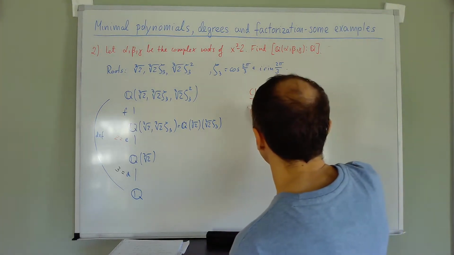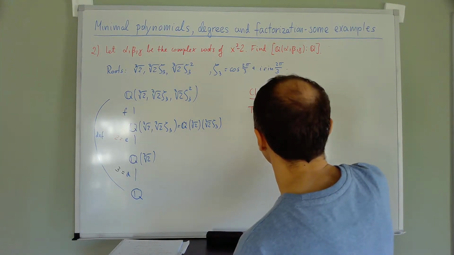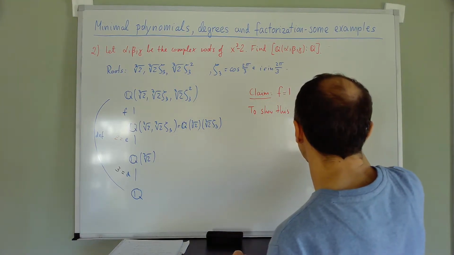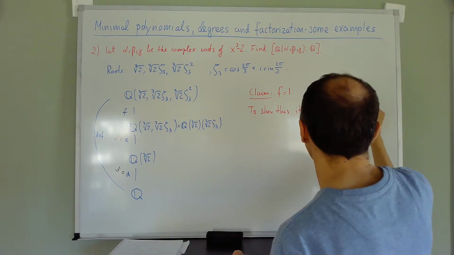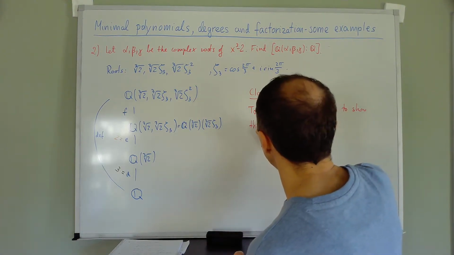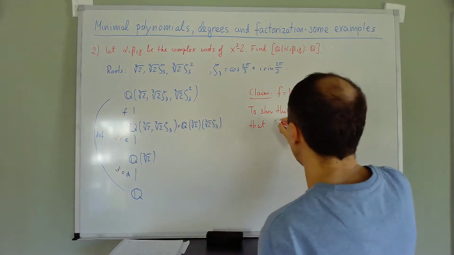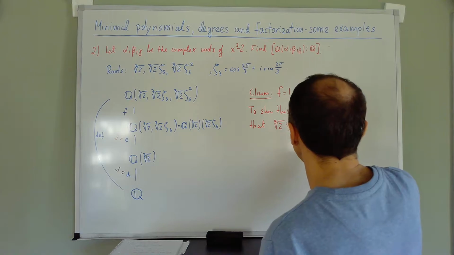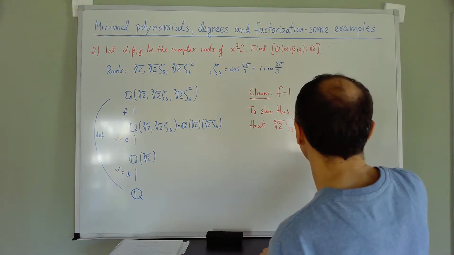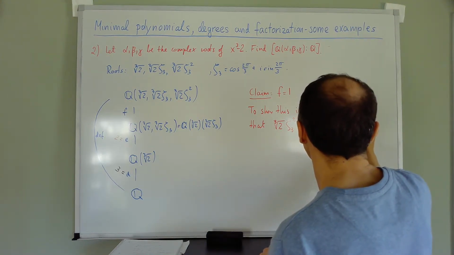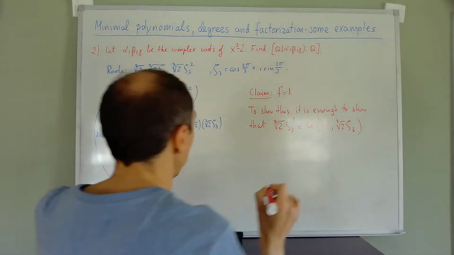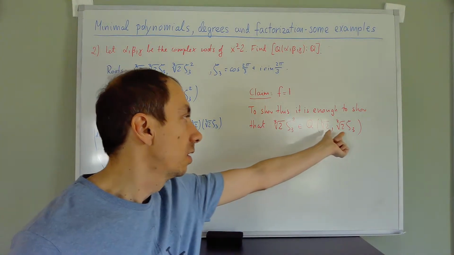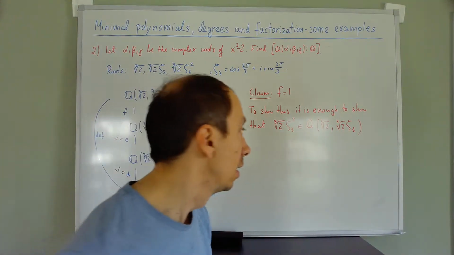So to show this, it is enough to show that the remaining root, this one here, belongs to this field over here. So that means I have to be able to express this by these two guys.